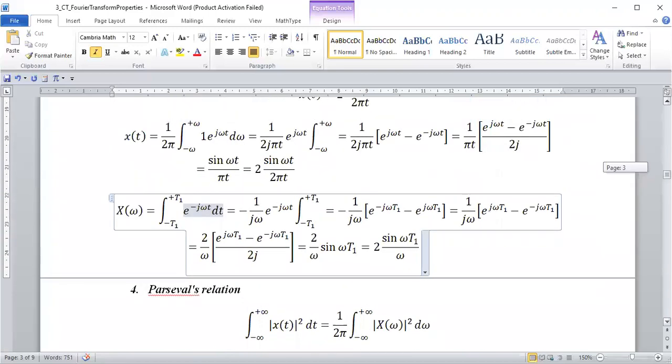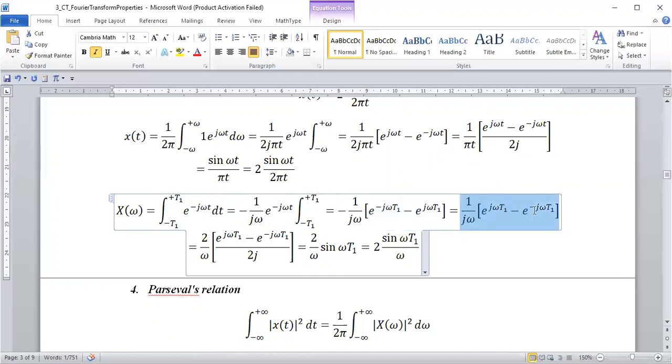That's why we have this integral here. So instead of integrating from minus infinity to plus infinity, integrate from minus t1 to plus t1. When we do the integration of this, we arrive at this. Then applying the limit, we arrive at this.